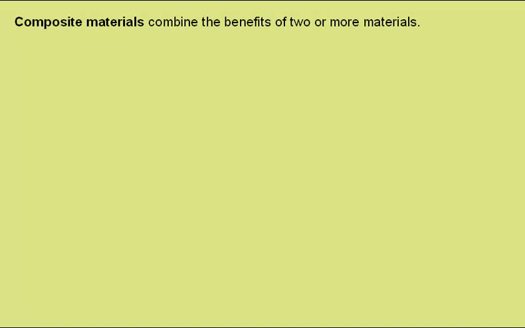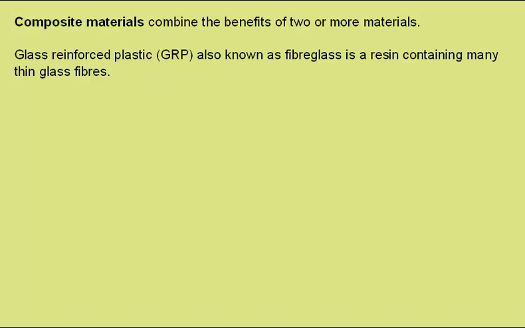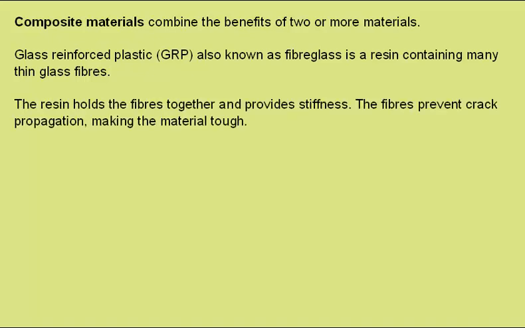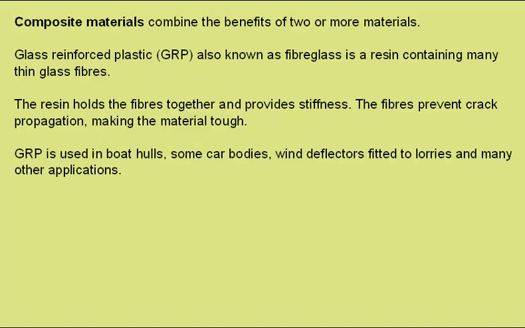Composite materials combine the effects of two or more materials. Glass reinforced plastic, or GRP, which is also known as fiberglass, is a resin containing many thin glass fibers. The resin holds the fibers together and provides stiffness, and the fibers prevent the crack from propagating, making the material tough.